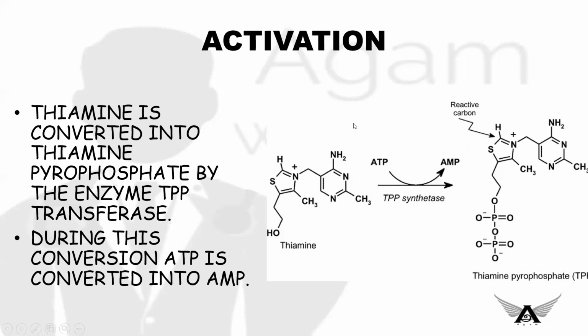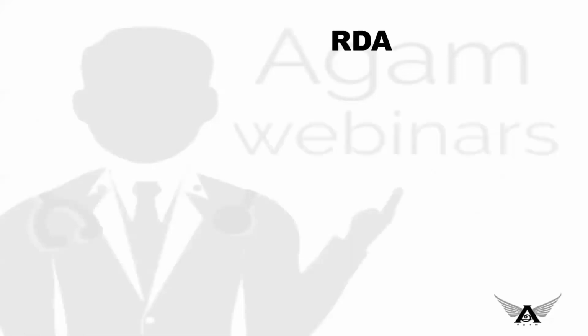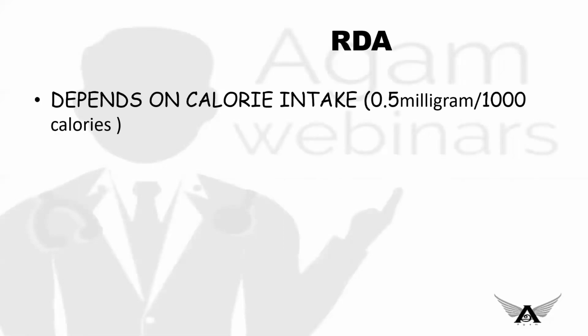So how much should we take regularly? This depends on the calorie intake. Only 0.5 milligrams per 1000 calories should be taken, and roughly 1 to 1.5 milligrams per day is recommended by the ICMR. This vitamin has many metabolic roles.